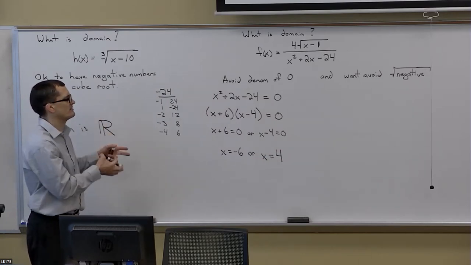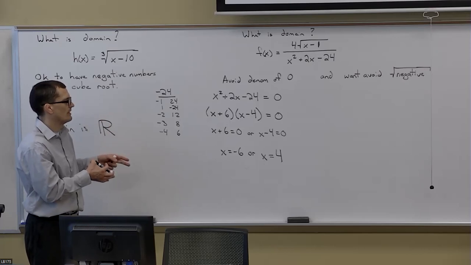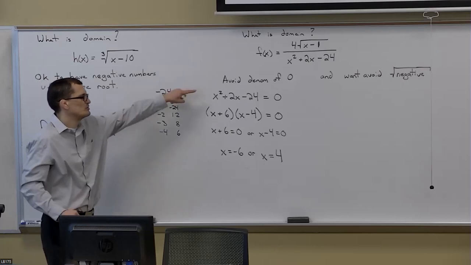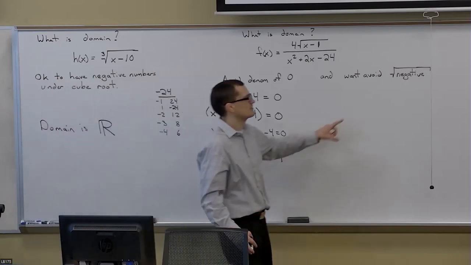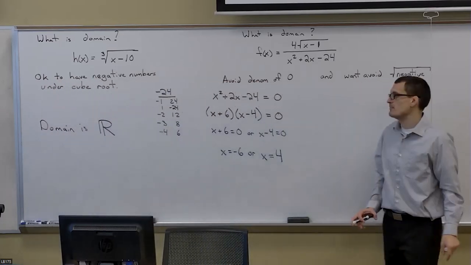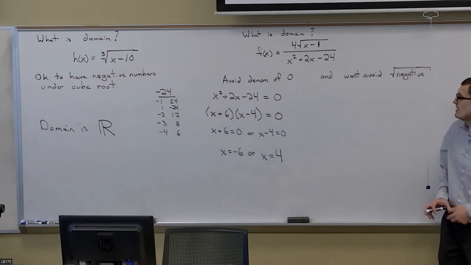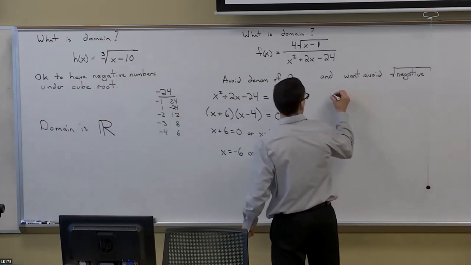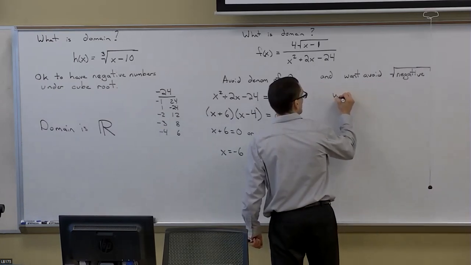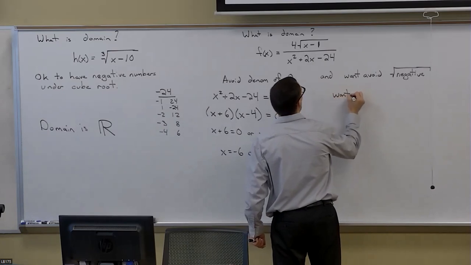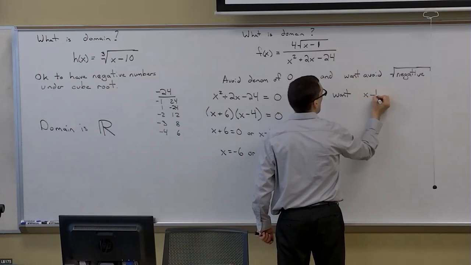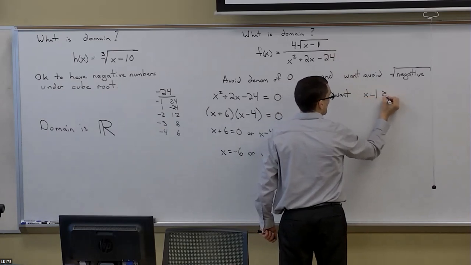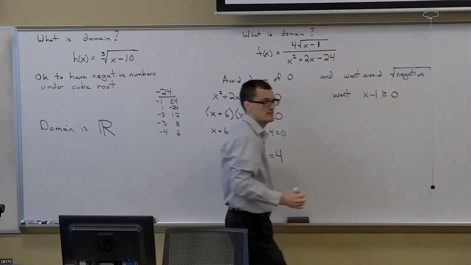So that is one troublesome spot. My other troublesome spot will happen if I take a square root of a negative. So that means I want the thing underneath the square root to be at least 0.